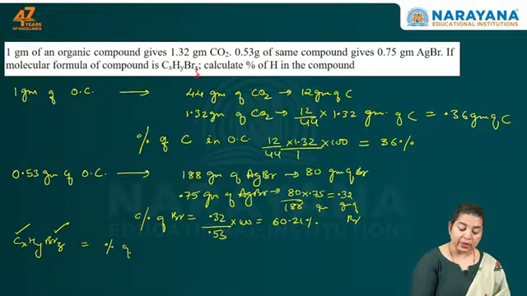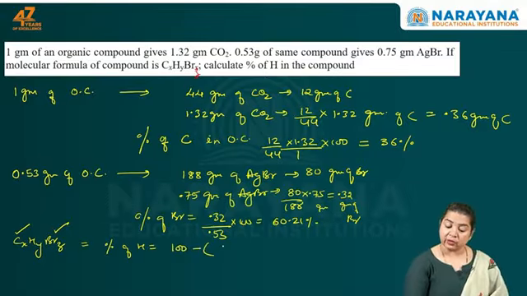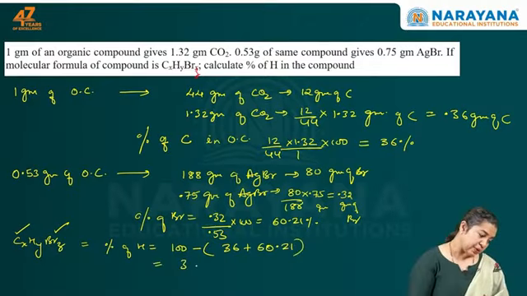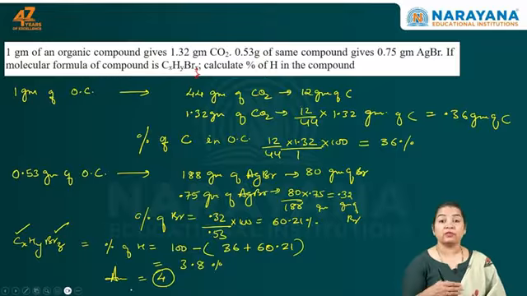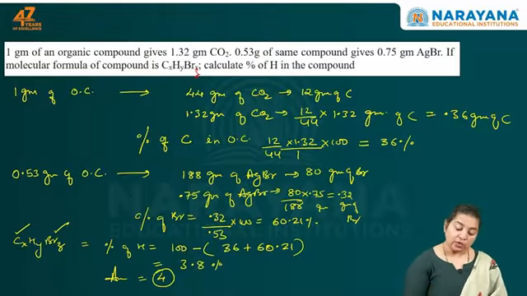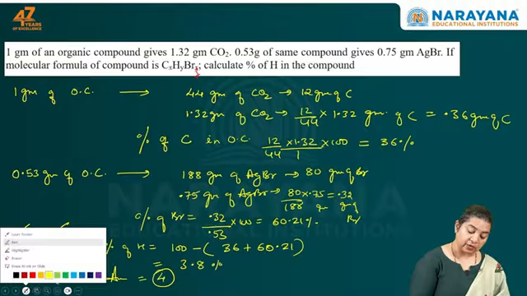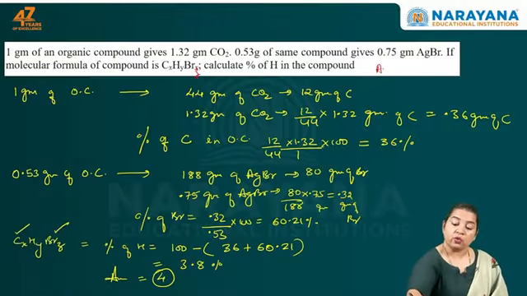So, the percentage of hydrogen is 100 minus (36 plus 60.21), which comes to somewhere like 3.8 percent. But as it is mains, we have to put the answer to the nearest integer, so the answer you will mark in your OMR will be 4.